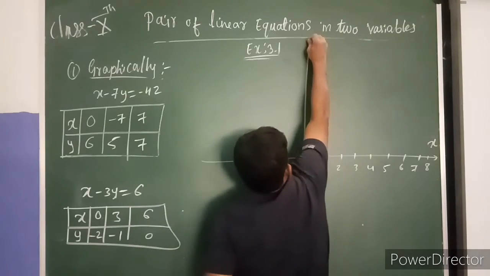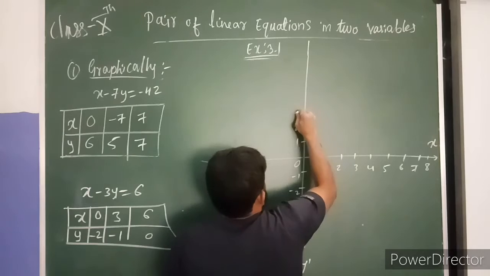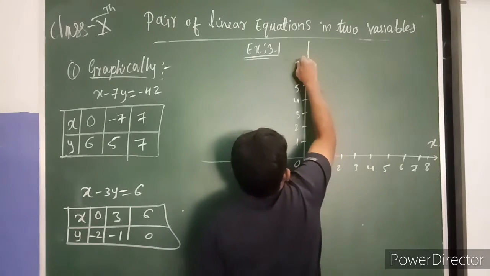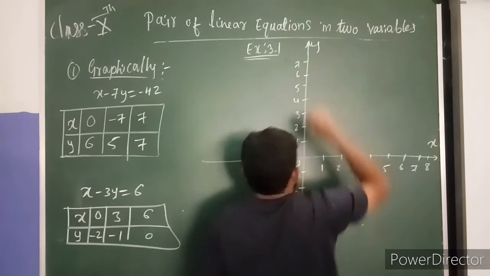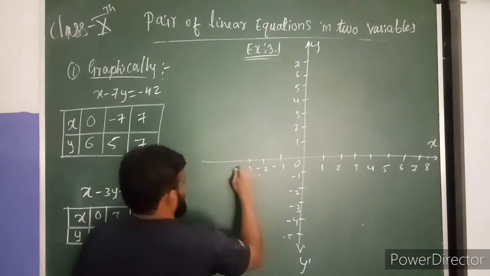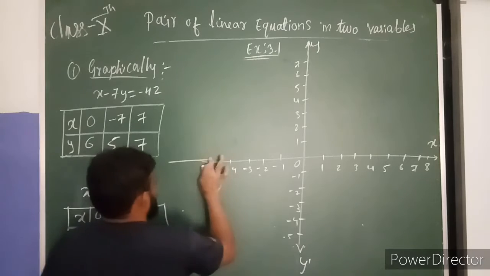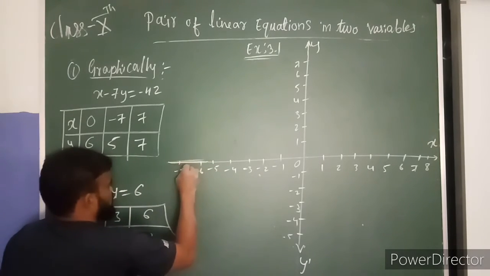Here we can take 1, 2, 3, 4, 5, 6, 7. This is y. This is the y value, and minus 1, minus 2, minus 3, minus 4, minus 5, minus 6 and minus 7.